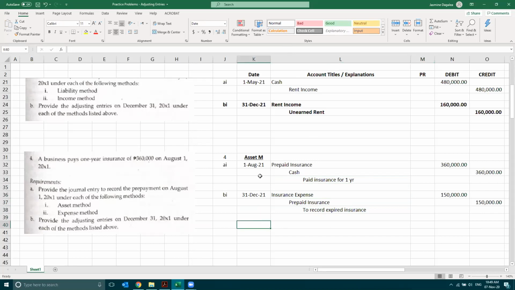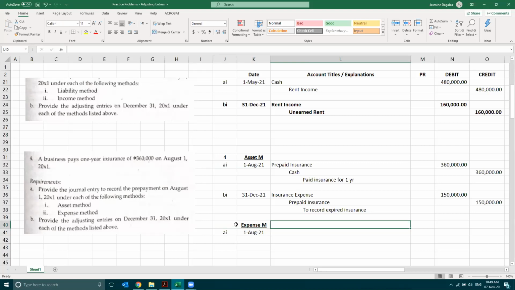And then the next requirement, if you use the expense method. What is your initial entry?